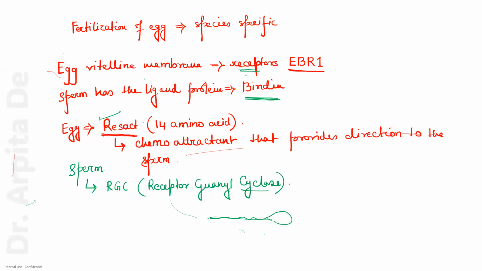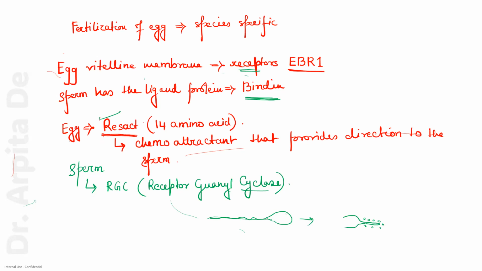Now, when the acrosomal process is formed, a structure which is somewhat like this will develop and bindin will be expressed all along this process, right? And along with this, other acrosomal enzymes, which are proteolytic in nature, will start to digest the jelly part of the egg surface so that it can penetrate and facilitate the process of fertilization.